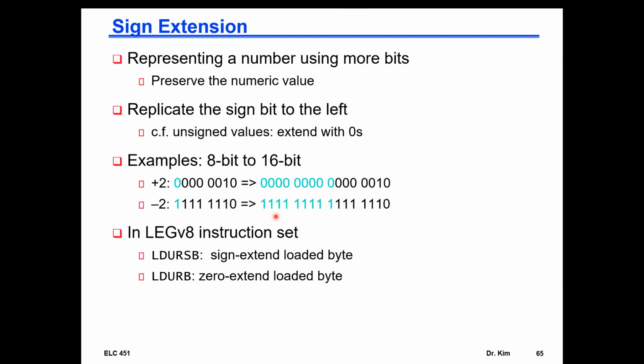And if you do the sum in the new 16-bit pattern, you'll see that you still get -2. So this would be -2 in a byte. This would be -2 in 16 bits.